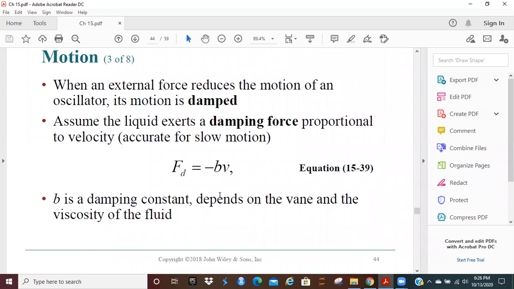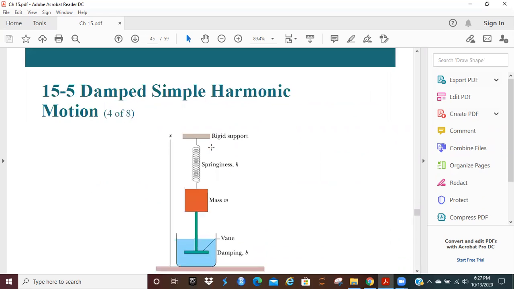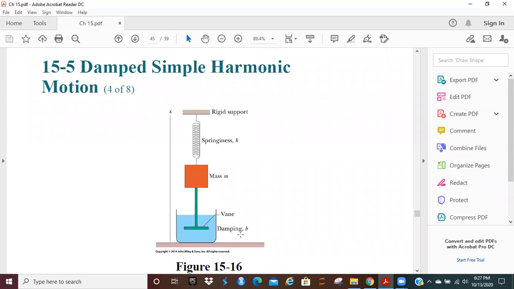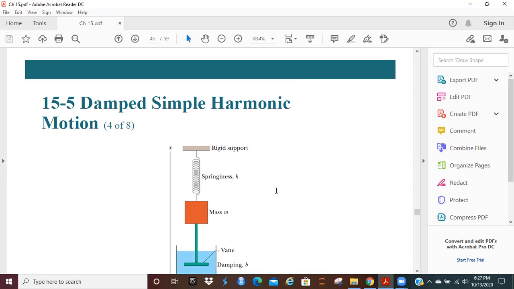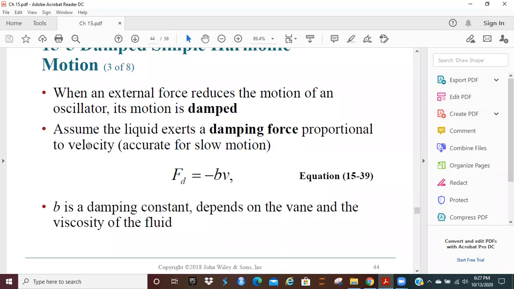Now, when an external force reduces the motion of an oscillator, it is considered to be damped. Assume the liquid here exerts a damping force on this motion. And that damping force is going to be proportional to the velocity.